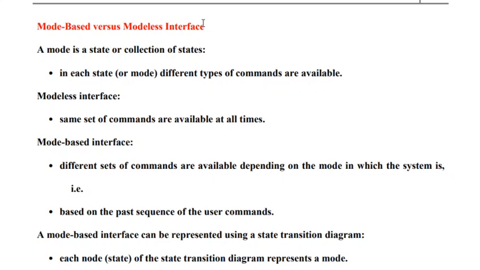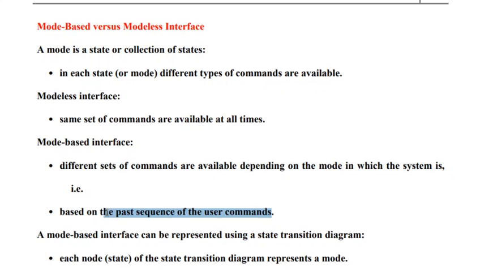This is basically dependent on the past sequence of commands that has been issued by the user. If you consider the example of the Windows operating system, at different states of the system we have different commands available in the command pool that can be initiated for execution.